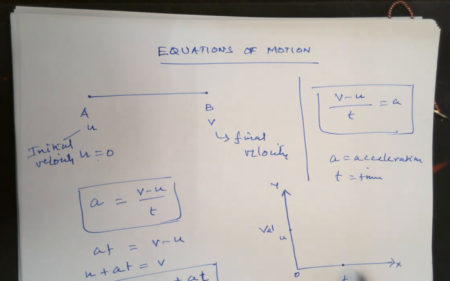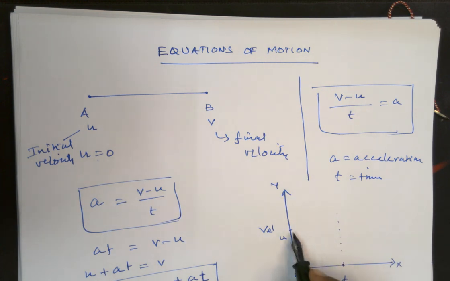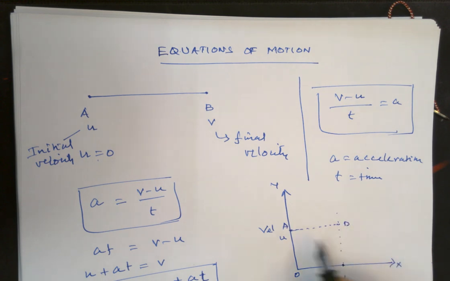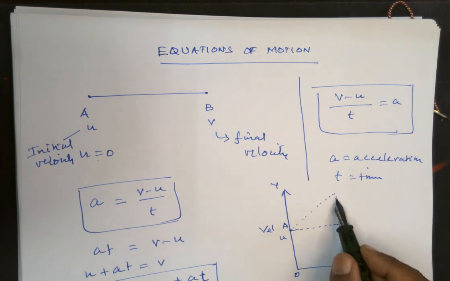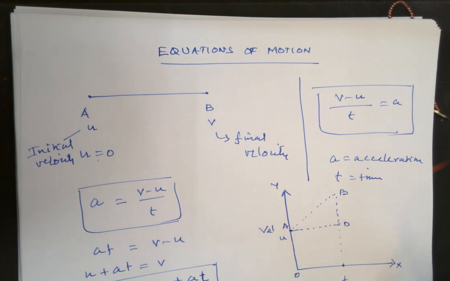Let me calculate in t seconds. So what could be the position now? Let me call this A position. It travels to D, and you can extrapolate like this. So this is B.